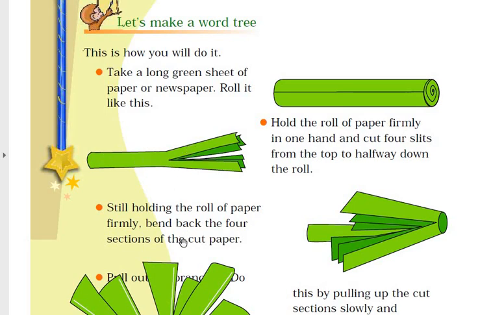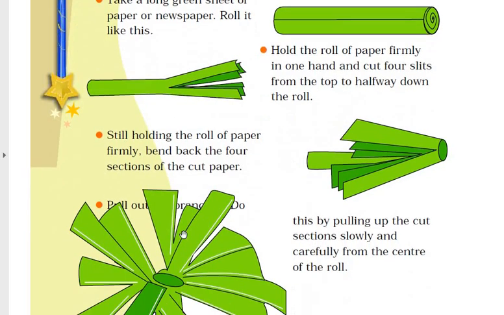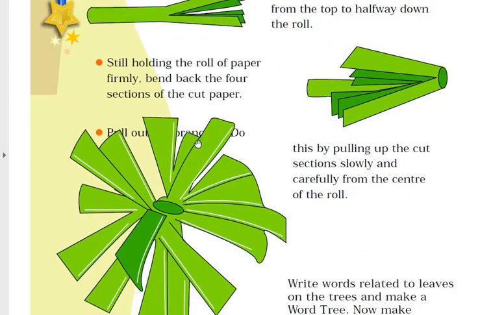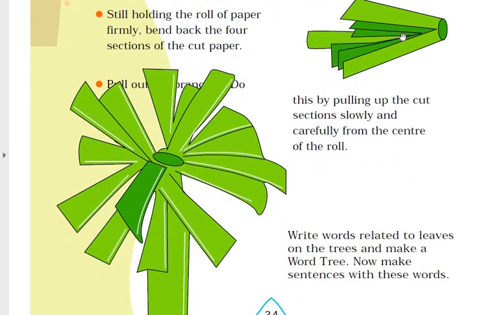Okay, next, pull out. The word is not clearly given over here. Okay, by pulling up the cut section slowly and carefully from the center of the roll. So you have to pull out, I don't know what.